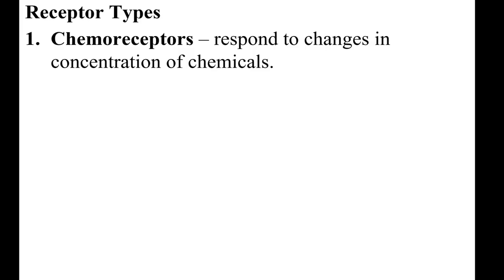These receptors are associated with the senses of smell and taste. You're going to have chemoreceptors in places like internal organs that will detect changes in blood concentrations, for example, of oxygen, carbon dioxide, hydrogen ions. They could detect glucose concentrations and other chemicals that you may find in these organs or these areas.